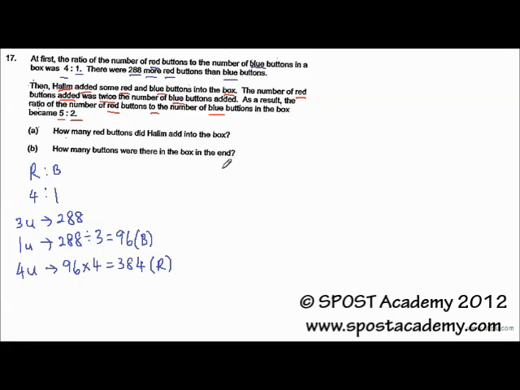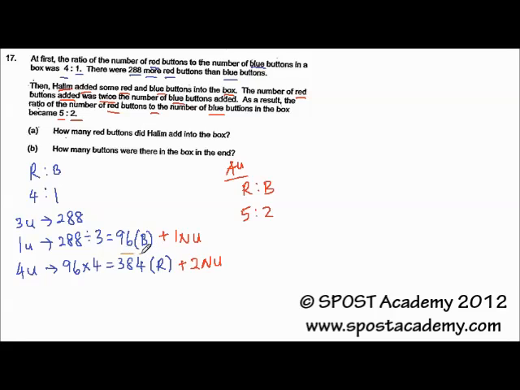So what happens is that blue will actually plus 1 new unit, while red will plus 2 new units. Why? Because Halim added the red buttons, which was twice the number of blue buttons added. And as a result, the after units for red to blue became 5:2.